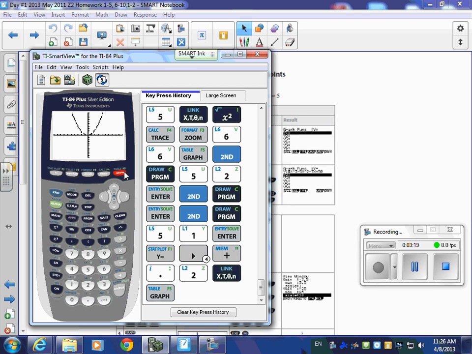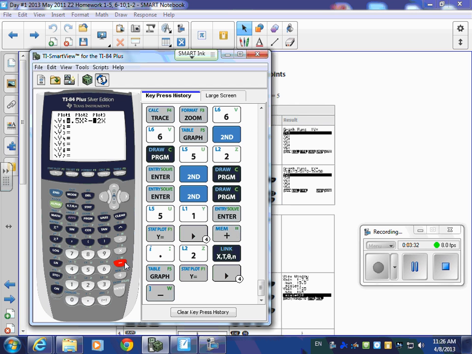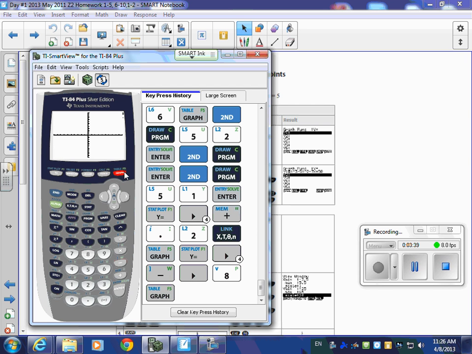Okay, and then what I'm going to do, I want to try something here quick. Change that to a minus. Maybe that'll be more interesting. I want something interesting. And let's make it 0.8x. Yeah, a little more interesting. Okay. Let's say we wanted to find the area from 3 to 5.